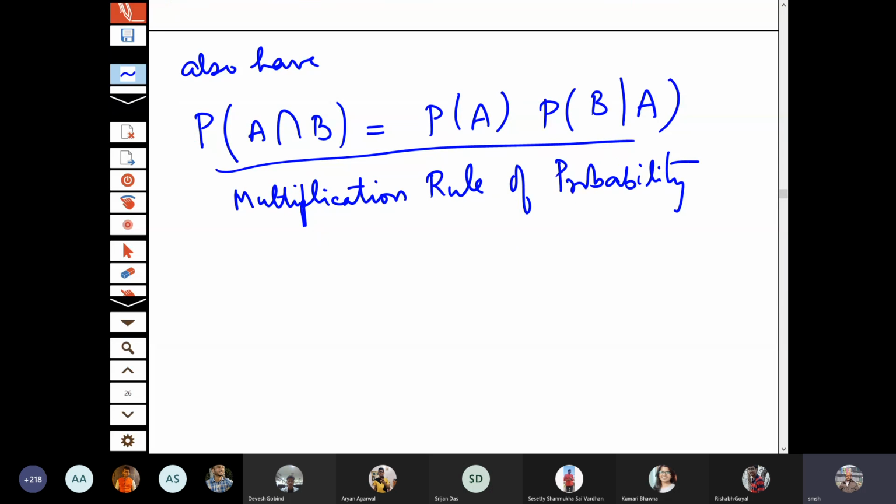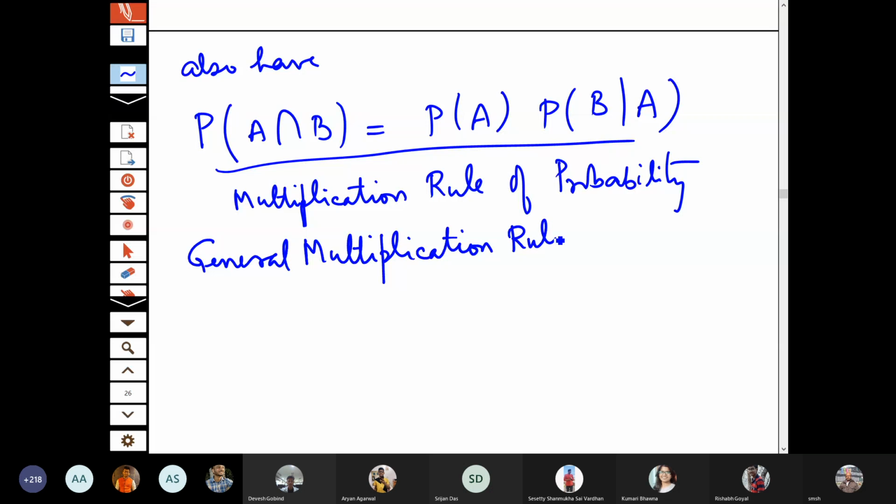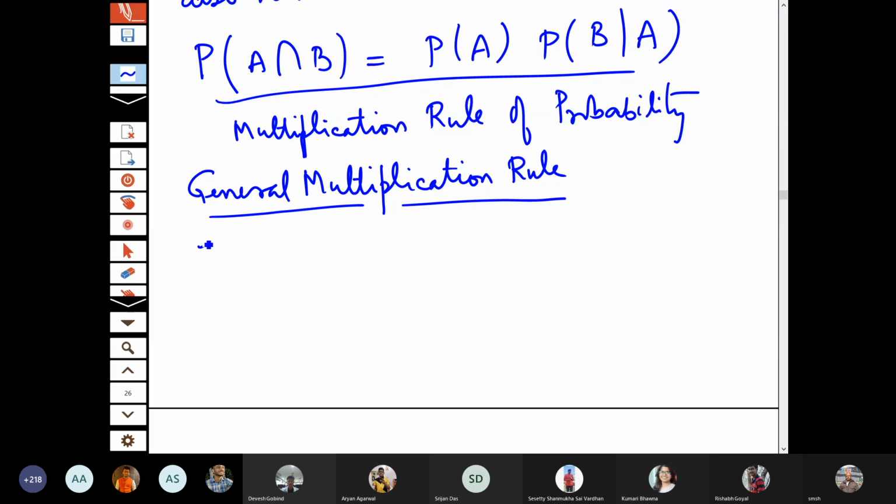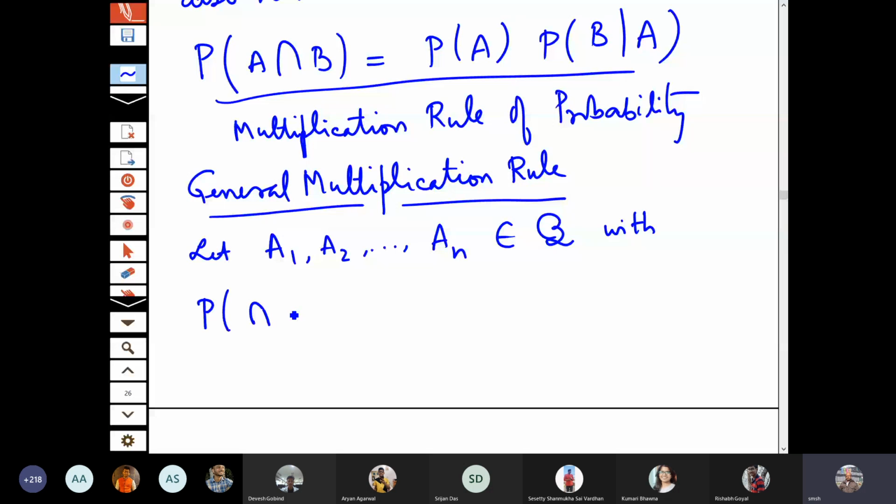And therefore, you can have a general multiplication rule also. Let A1, A2, and so on be n events with probability of intersection of the Ai positive.